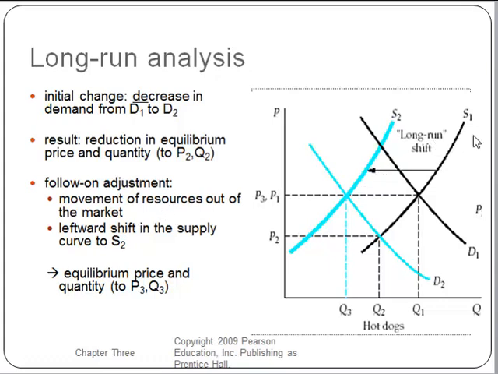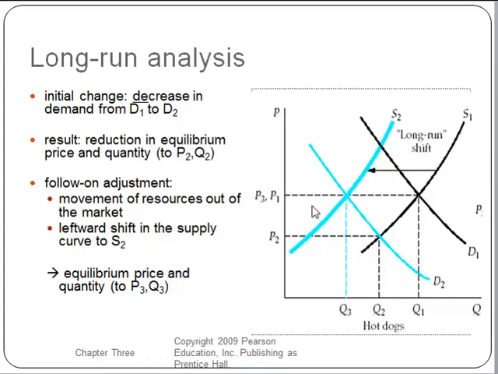So there is a leftward shift in the supply curve from supply 1 to supply 2. Now let's check demand 2 and supply 2. We get the new equilibrium price and a new equilibrium quantity. So price will be at price 3 and quantity will be at Q3.